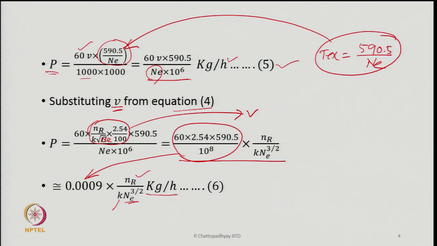Either 5 or 6, anyone can be used depending upon which parameters are given. Equation 6 gives you the production figure in terms of rotor speed, twist factor and yarn count. These are the three unknown parameters in these equations.